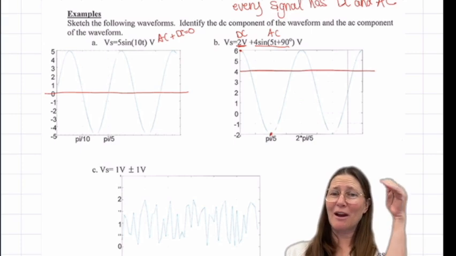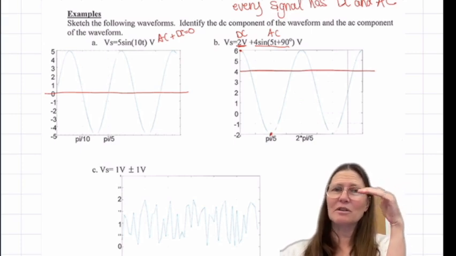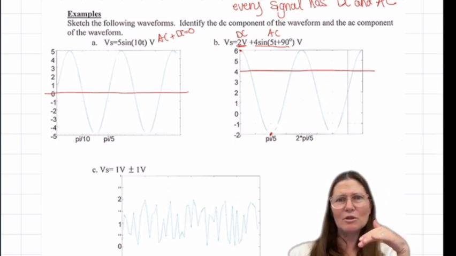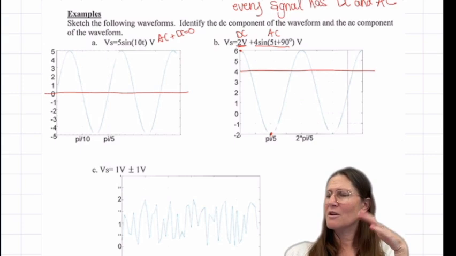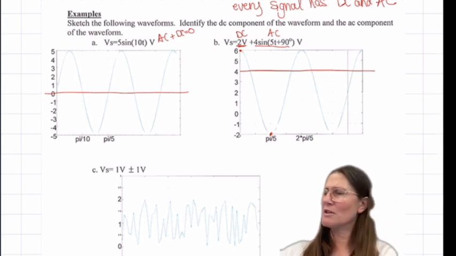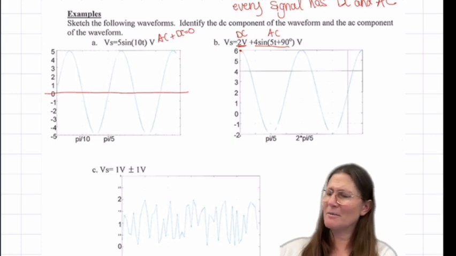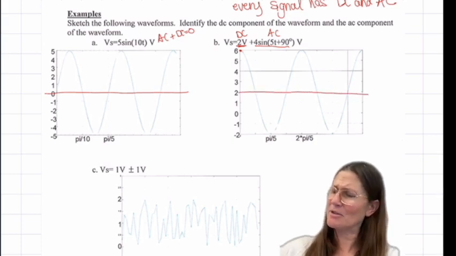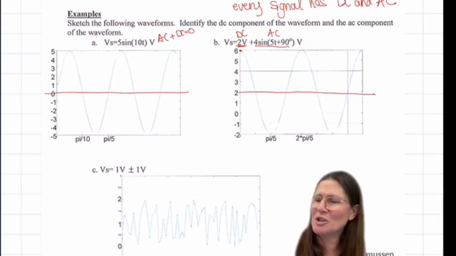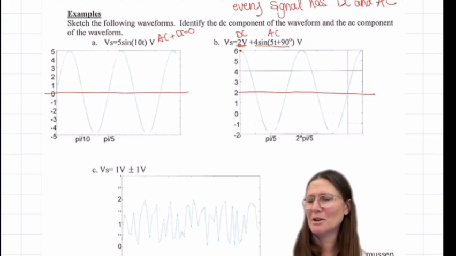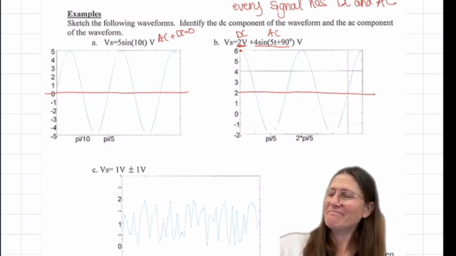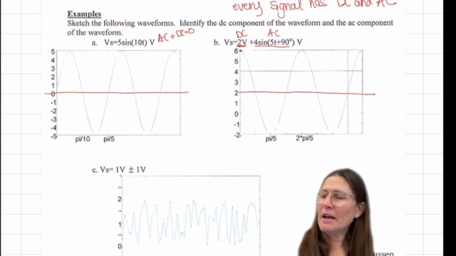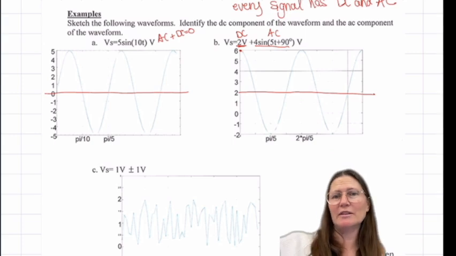So it's actually centered around 2 volts. It goes up by 4 and down by 4. And so centered around 2 volts, which is why you get that DC.